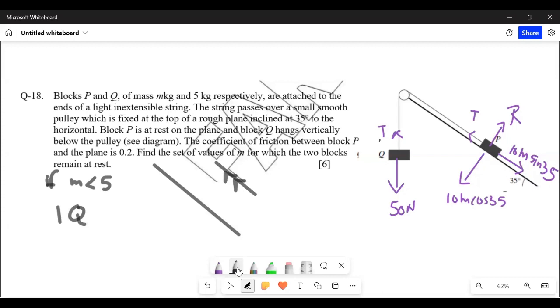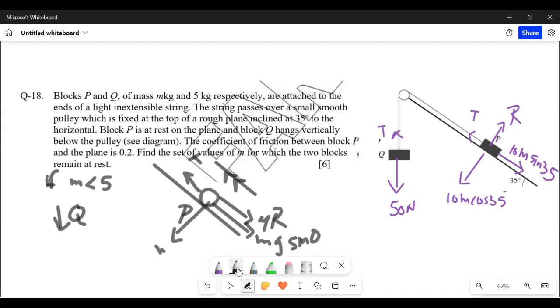Q is going to go downwards and P is going to go upwards. If it goes upwards, then we have μR in this direction, and also mg sin θ in this direction, and also T in this direction, and mg cos θ in this direction and R in this direction.